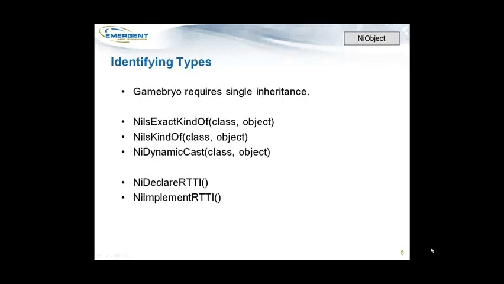If you're building your own classes and you want to buy into the Gamebryo runtime type identification system, there's an NiDeclareRTTI macro for your header, an NiImplementRTTI macro for your CPP file, and boom, you've got it.